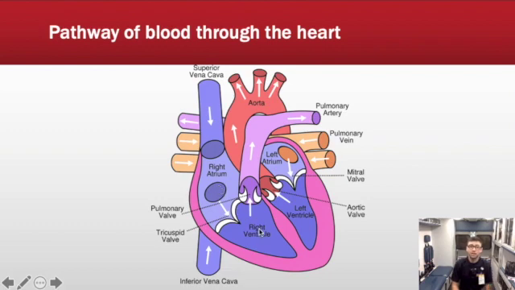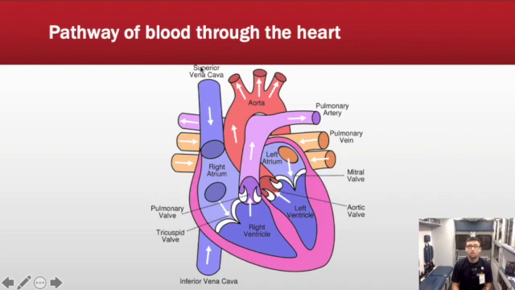It drops through the tricuspid valve, up through the pulmonary valve into the pulmonary artery, and again, this is deoxygenated blood that goes back to the lungs so that whenever we breathe, this blood can be reoxygenated. When it comes back, it comes through the pulmonary vein into the left atrium. The left atrium then drops it through the mitral valve into the left ventricle, and that oxygenated blood goes through the aortic valve, through the aorta, to supply the rest of the body.